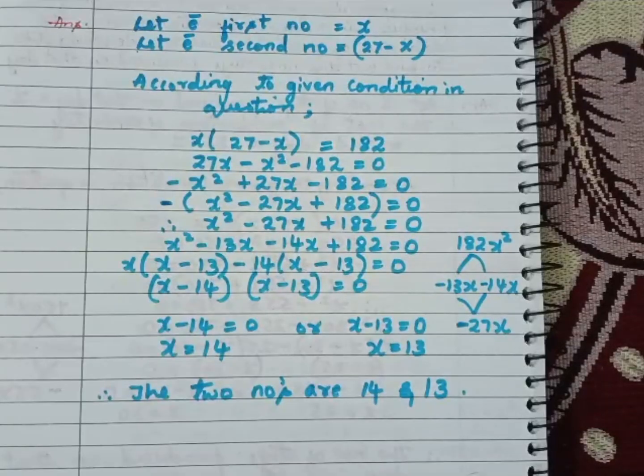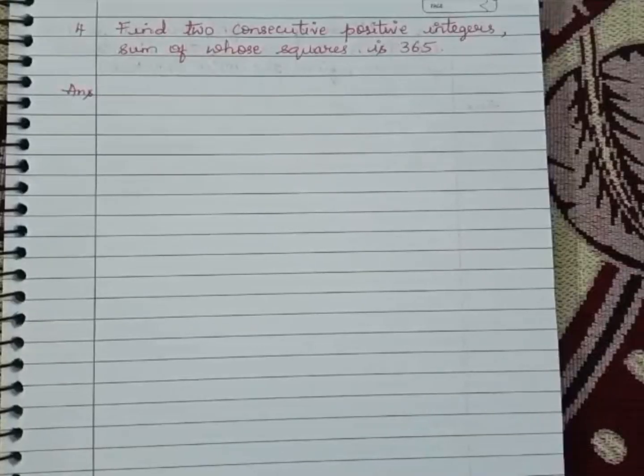Now let's go to the fourth question. Fourth question is, find two consecutive positive integers, sum of whose squares is 365.